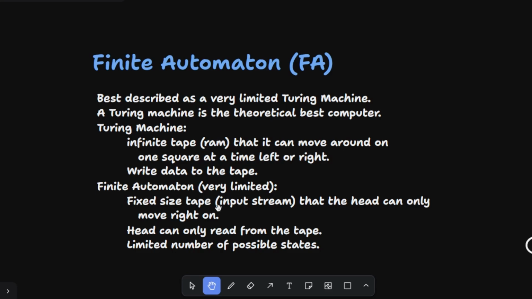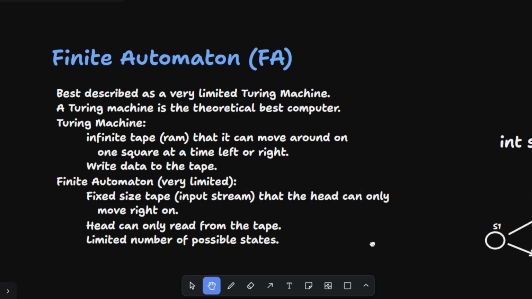It's a fixed size tape, and instead of being RAM, it's more of an input stream that the head can only move right on. It's just a string of characters being read. The head can also only read from the tape, it cannot write. And there are also a limited number of possible states.